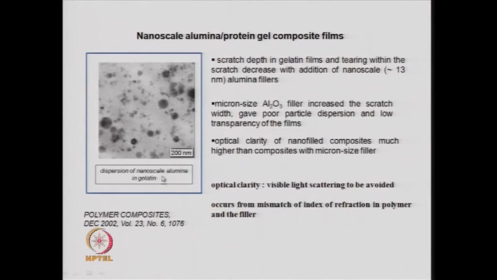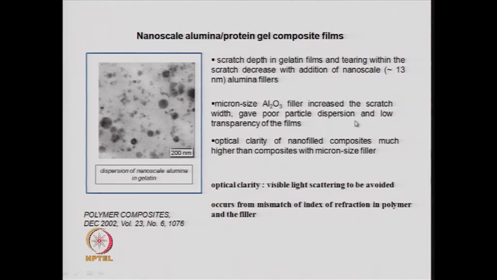This kind of composite film has its own advantages. One advantage is the scratch depth, that is, how much depth you can scratch in a gelatin film will decrease when you add nanoscale alumina fillers. So, for the same amount of pressure you can reduce the depth of the scratch in films with nano fillers.